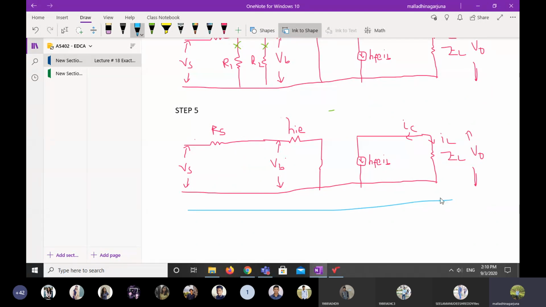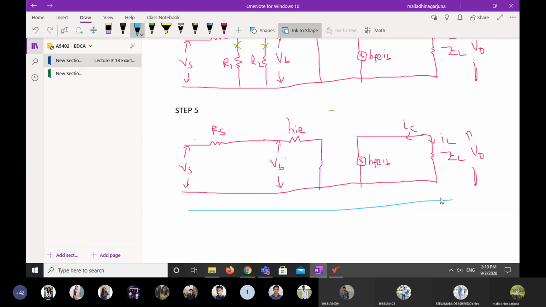So based on the AC analysis, you draw the circuits. First step is to connect all the DC sources to ground, and redraw the circuit. Next step, replace all the capacitors with short circuits and draw the circuit.